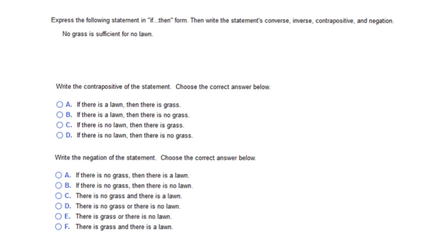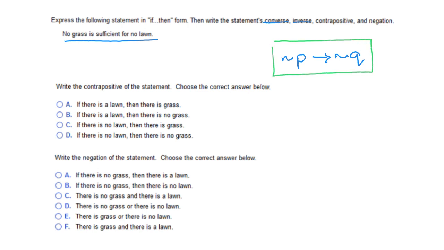Express the following statement in if-then form, then write the statement's converse. We've already done this from the previous page, so I am just going to mark out. We've already done the converse and the inverse. What we're looking at is the contrapositive. So the original statement, when we did the rewrite changing it to a conditional, became if not P, then not Q. And this is the original statement.